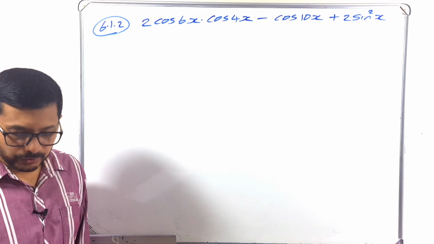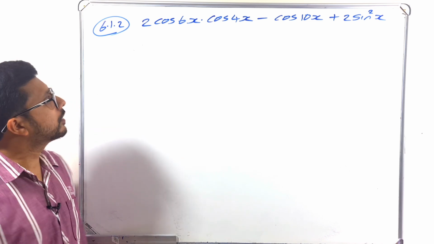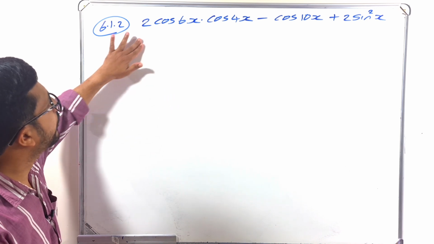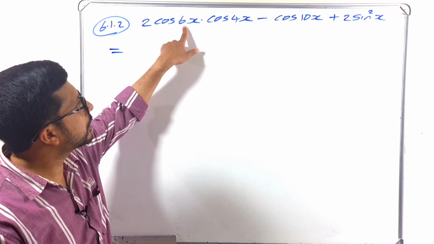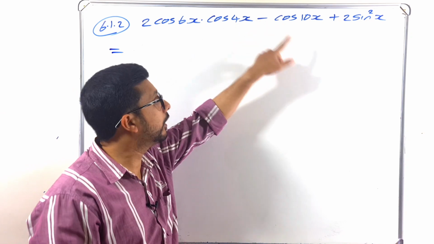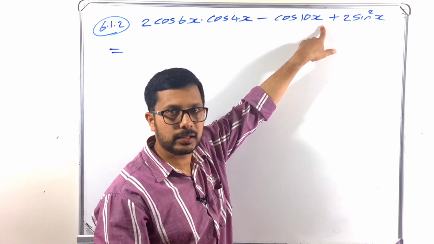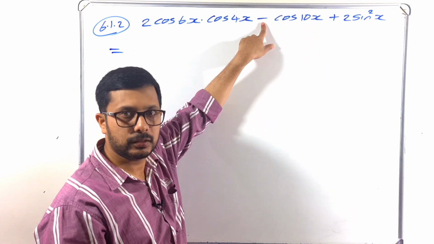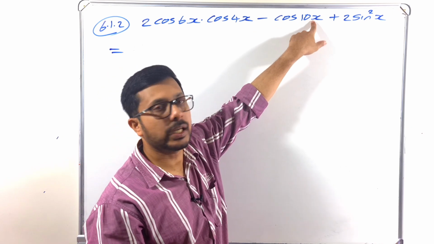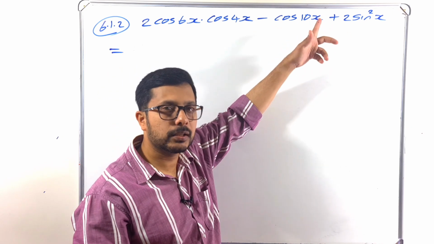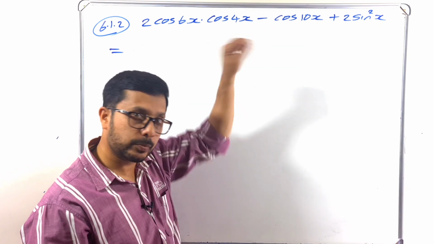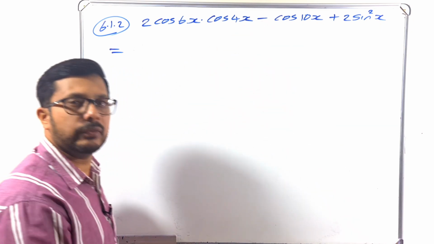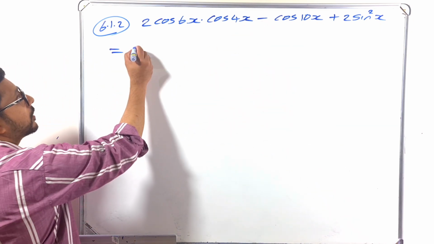So how can you simplify this one, guys? Okay, it's a lengthy step. It's a 5-mark question. Here you can see that there is a 6x and 4x, and here you can see 10x, and here it is minus. So if I write this 10x as 6x and 4x, then maybe I can cancel because of this minus when I'm expanding the bracket. Let's try and see what comes.